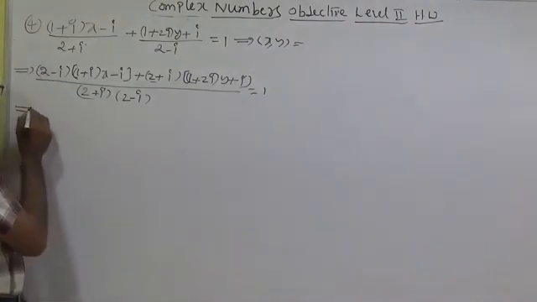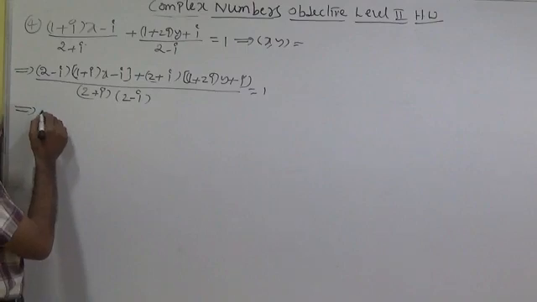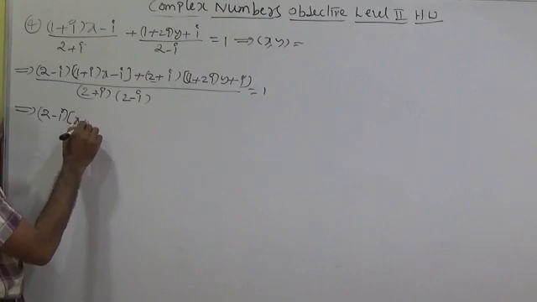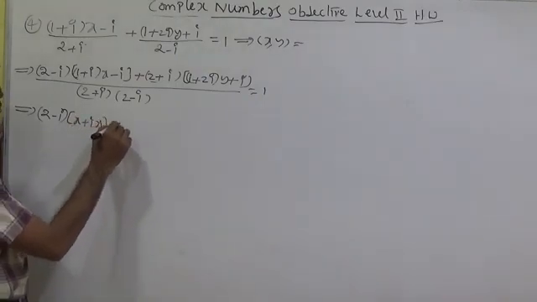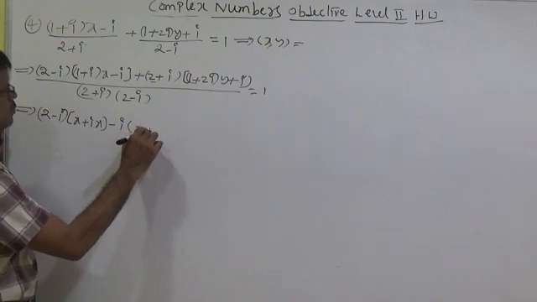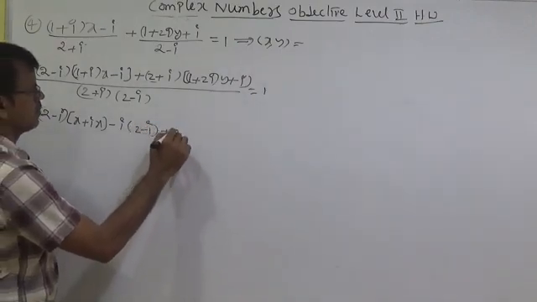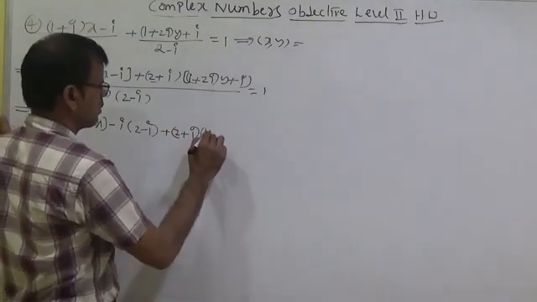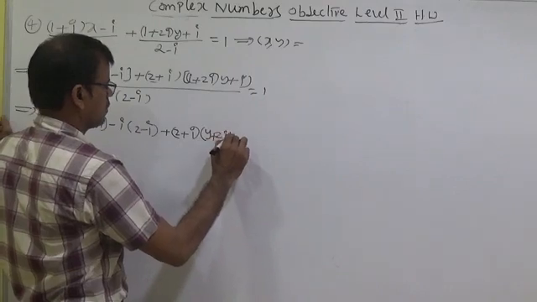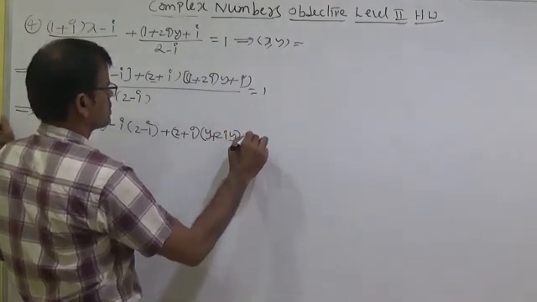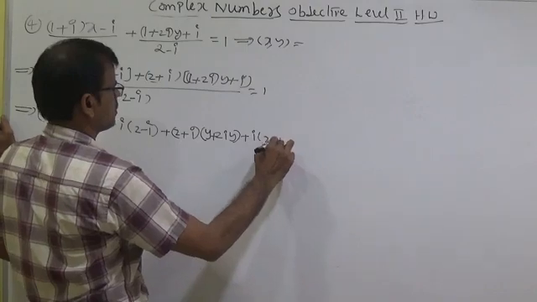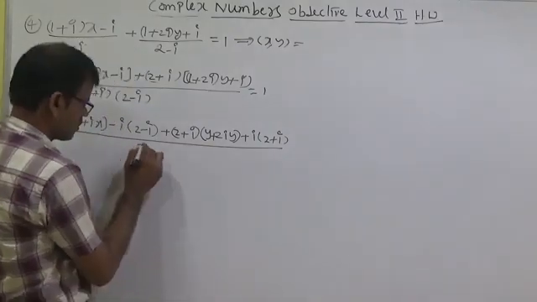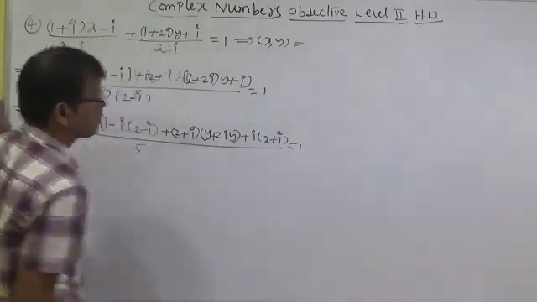That implies we should multiply like this: (2 − i)(x + ix − i) plus (2 + i)(y + 2iy + 2i + i), by the a square plus b square concept, 4 plus 1 becomes 5, that is equal to 1.